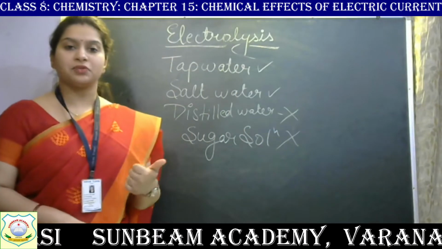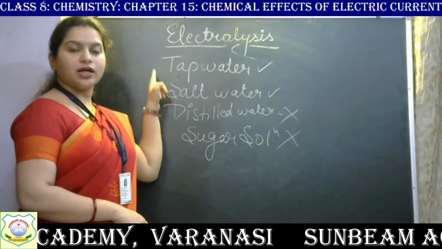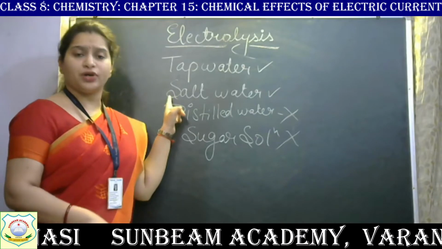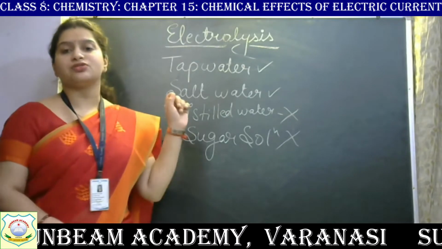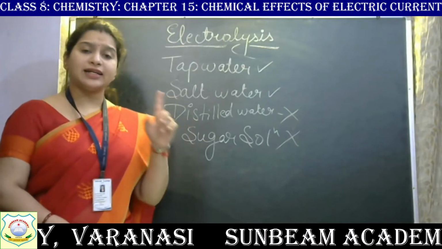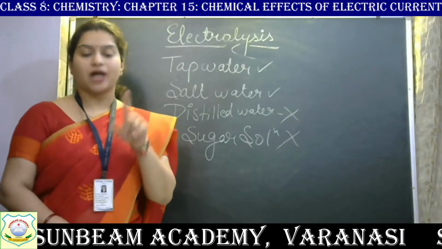What was the reason behind? The reason is that tap water and salt water contain certain impurities and certain minerals and salt itself. Okay, that is a charged particle. That is a charged ion, we can say.